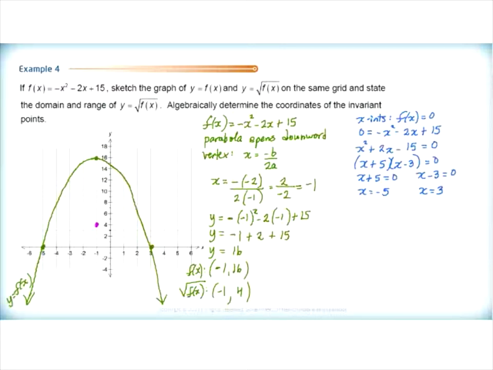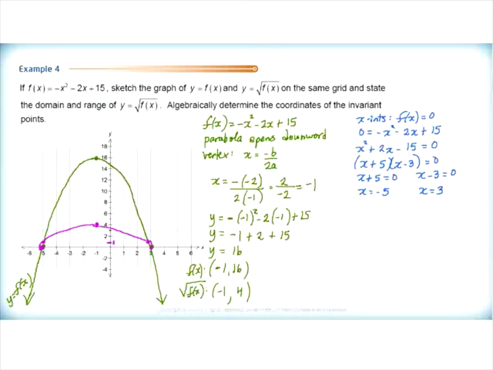To get the graph of the square root function graph, we have to go where y is equal to 1. And knowing that the square root function graph is always greater, and remember that the point -1 and 4 lies on the graph of the square root function graph, we can sketch the graph of the square root function as follows.